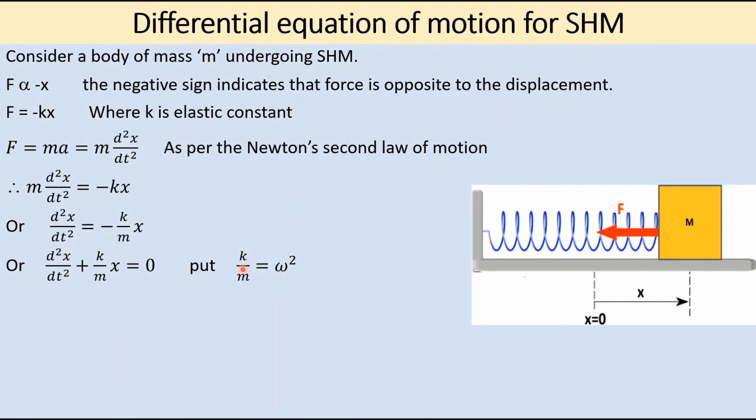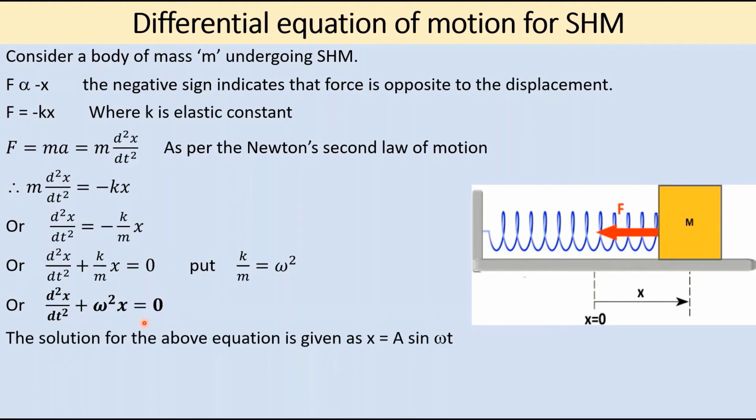Now put k by m equal to omega squared. So d squared x by dt squared plus omega squared x is equal to 0. This is the differential equation for simple harmonic motion.